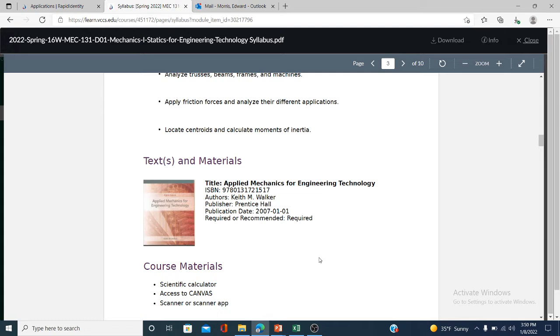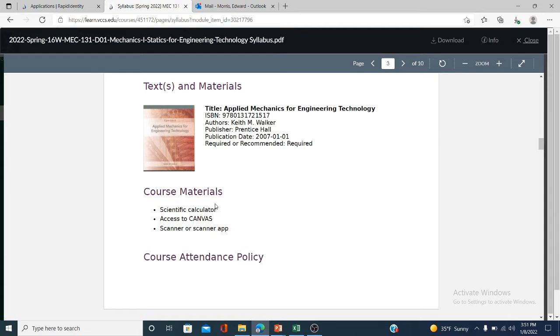If not, perhaps you can share with one of your friends in the class. That is totally up to you. But you should have no trouble finding this book. Again, it's an older book, so I would go online and see if I could find a used one. Make sure you have a scientific calculator. Make sure you know how to access Canvas.